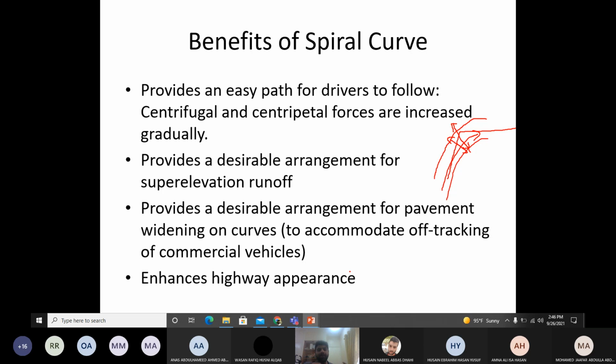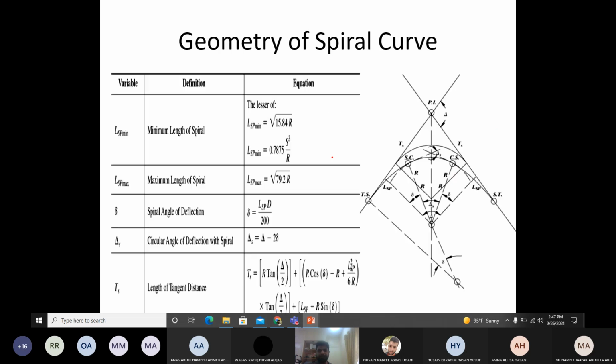So you can see the last point, enhances highway appearance. Without the spiral curve, the highway appearance will not look good. It will look like the highway changes suddenly from one design to another design. So to avoid that, we have a spiral curve.